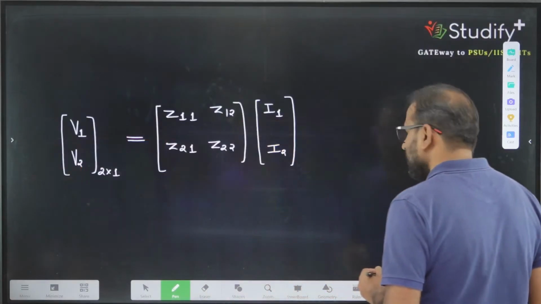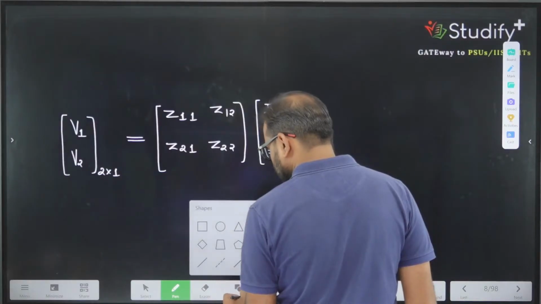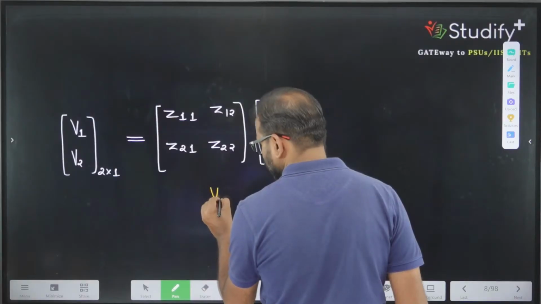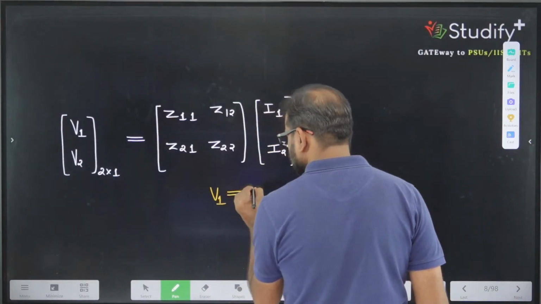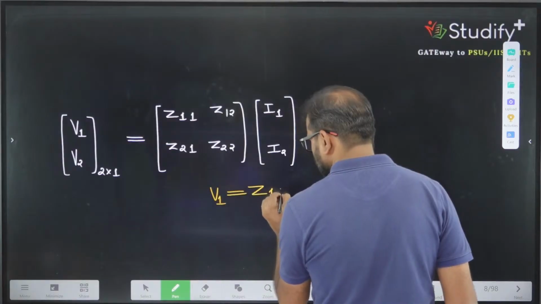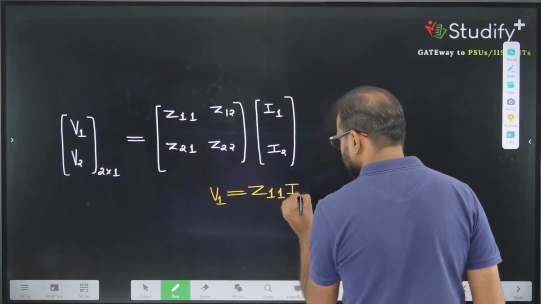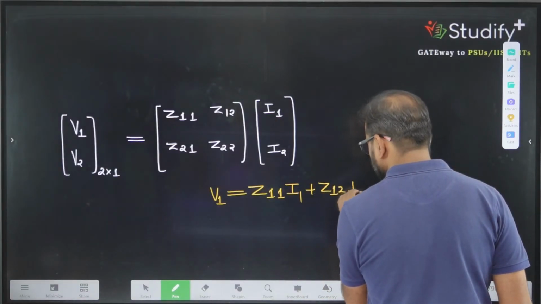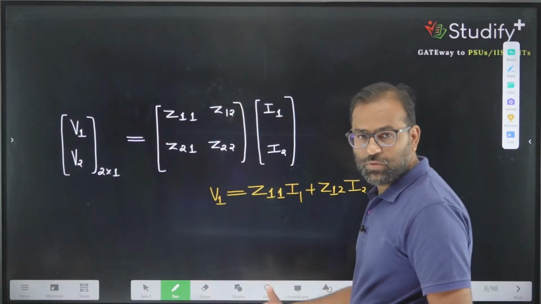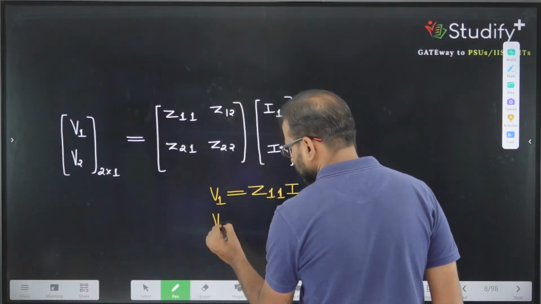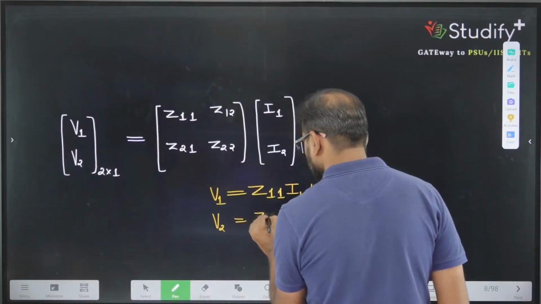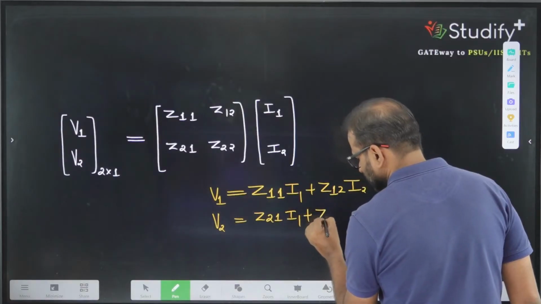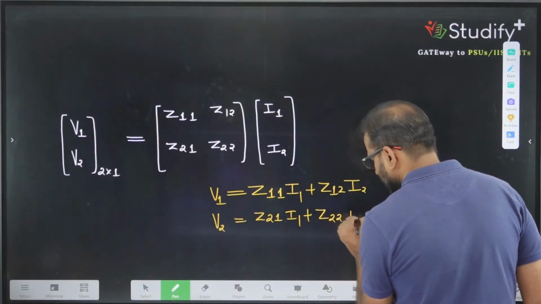So the equations we can write here are: V1 is Z11 I1 plus Z12 I2, and V2 is represented by Z21 I1 plus Z22 I2.